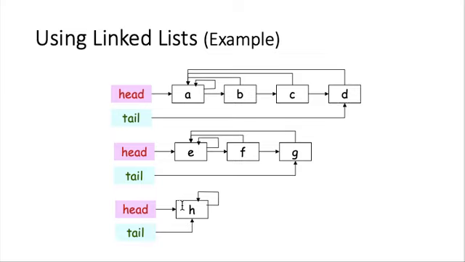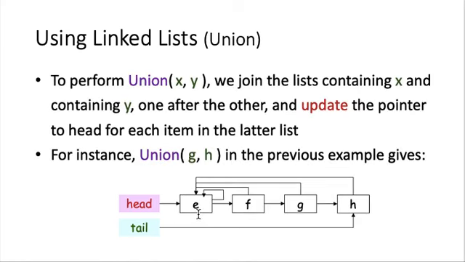So we put H after the tail of the list containing G, and this combines the two lists into a single list. After that, we relabel the head pointer of H here, because H is the one that appears in the latter list. So we update the head pointer here. So this is done for the union operation.